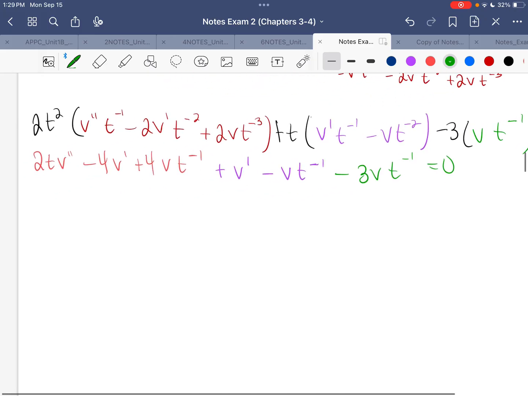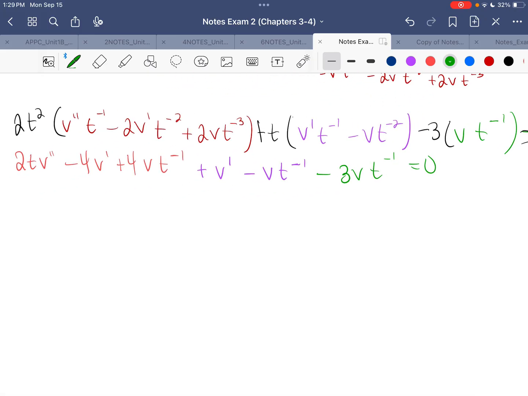Okay, looking through, things should cancel out, or at least reduce. Do you see that this becomes negative 4v t to the negative 1, and we have a positive 4v t to the negative 1, so those cancel. And we have negative 4v prime plus v prime. So we have 2t v double prime minus 3 v prime equals 0.